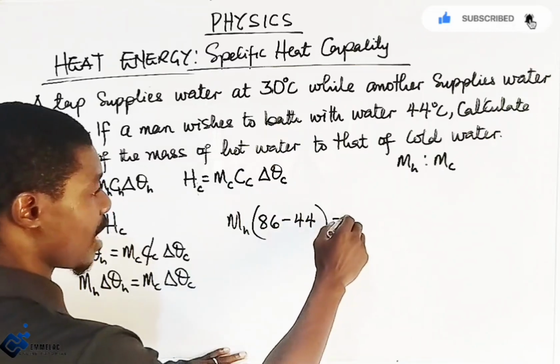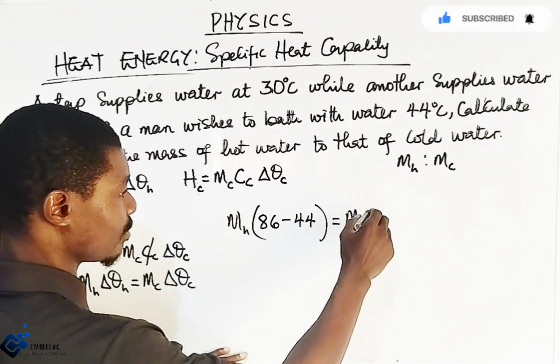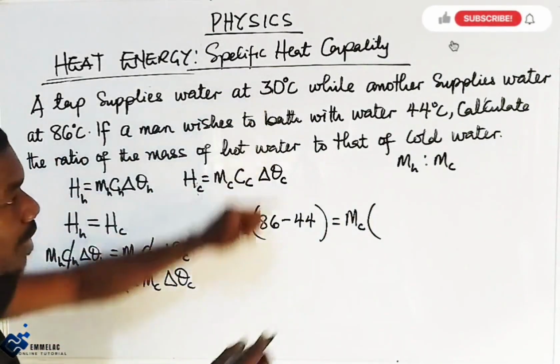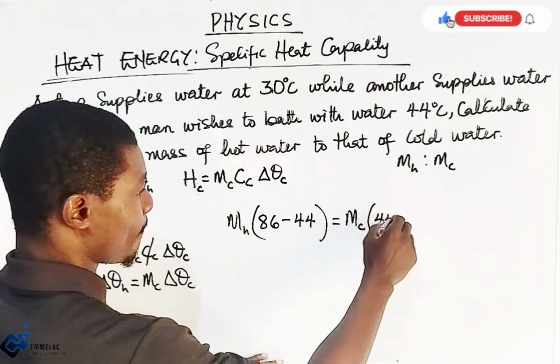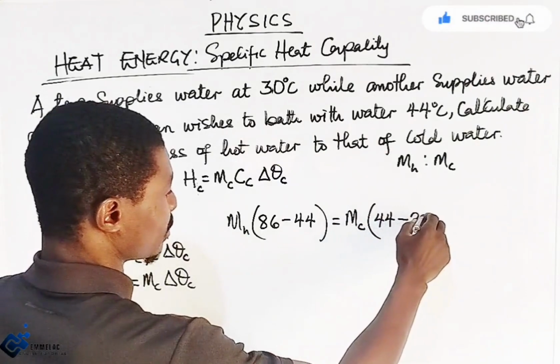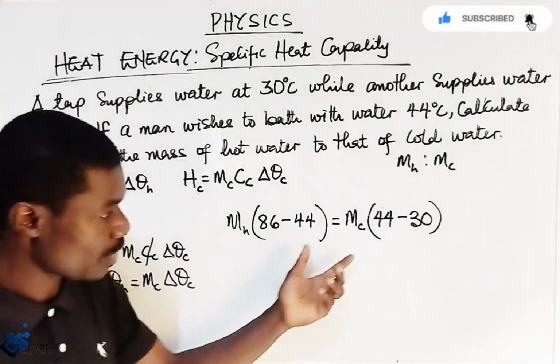And MC, at this point, we have 44 minus 30. So here we have it.